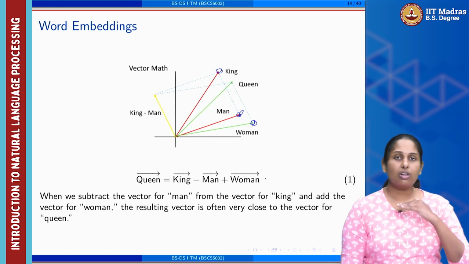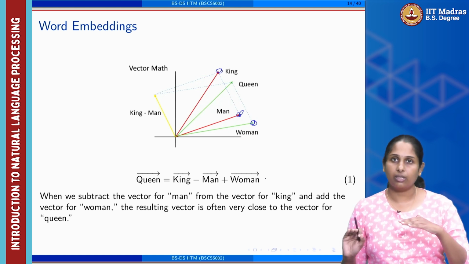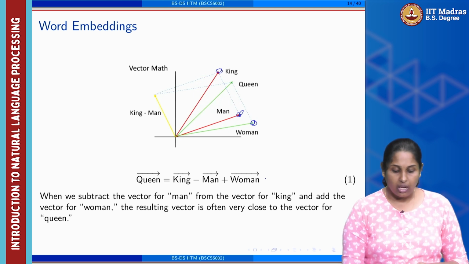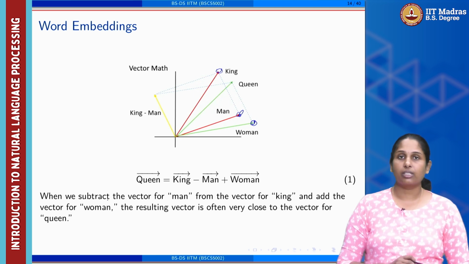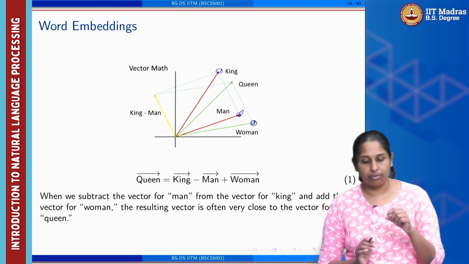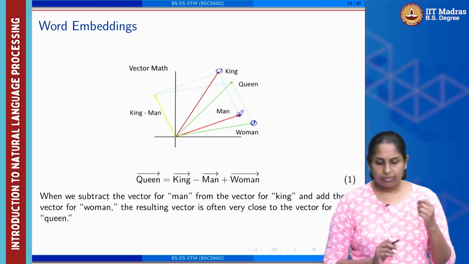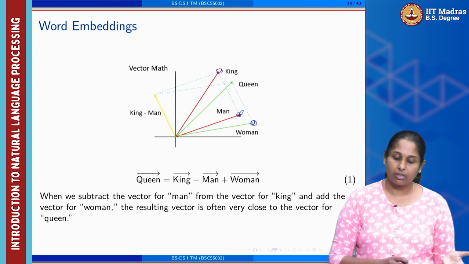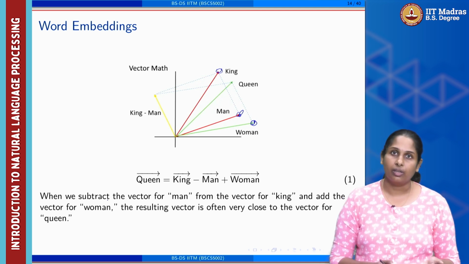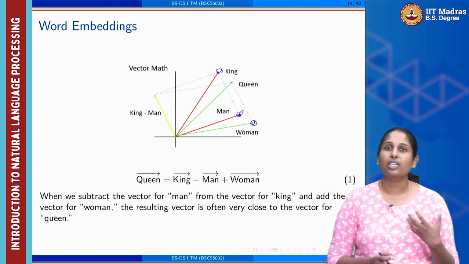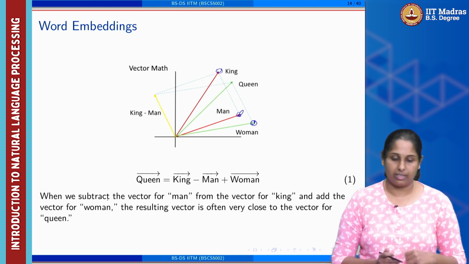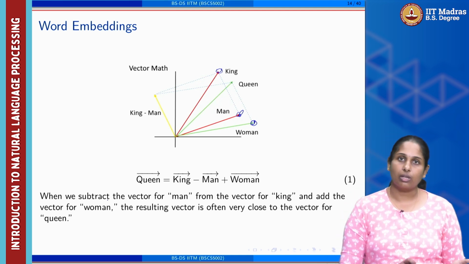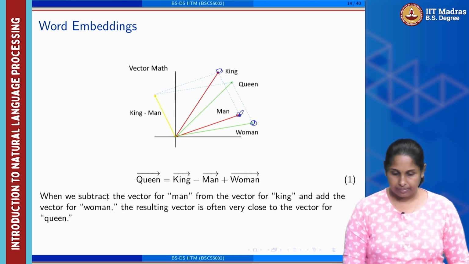So the position of king, where the masculinity is removed but the woman feature is added, results in a queen. So when we subtract the vector for man from the vector of king and add the vector of woman, the resulting vector is very close to the vector of queen. So this captures the semantic nuances that a particular word carries. This is the vector math that is associated with word embeddings.